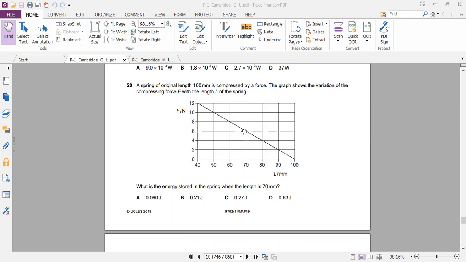So 70... আপনার যে গ্রাফটা রয়েছে 70 নিউটন কোথায় গেল?